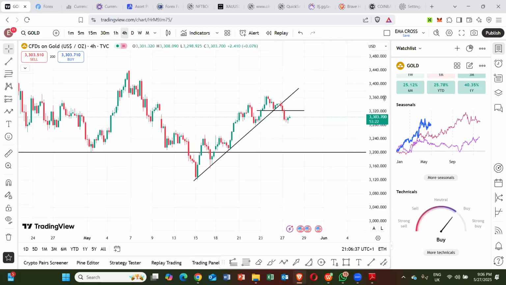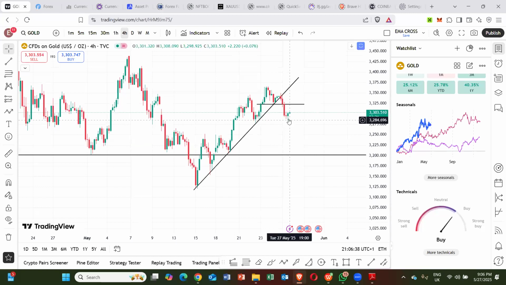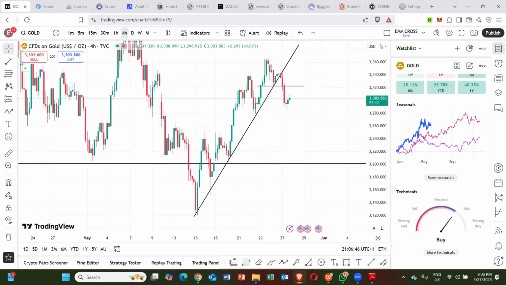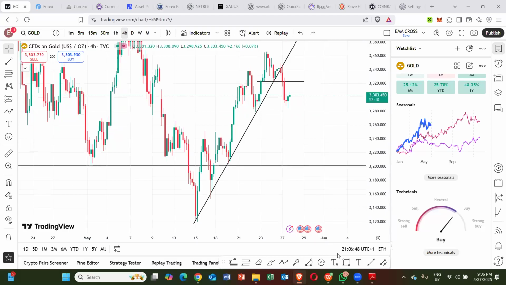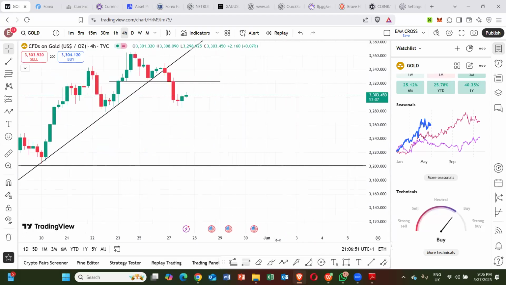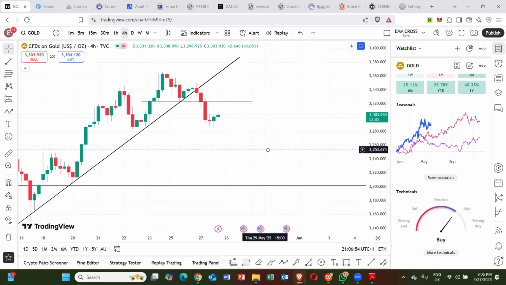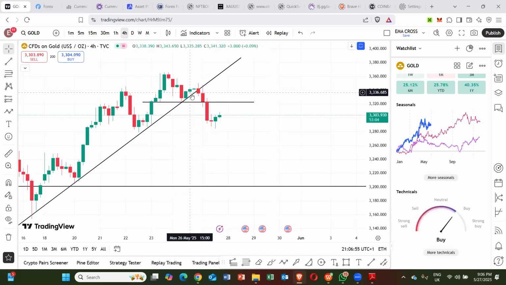Now, this market, what is it trying to do now? It came down. I think the market is trying to go back up, probably to this level. Do we have a gap? Okay, so there is no gap here. All right. So probably this is where this guy has come back to.